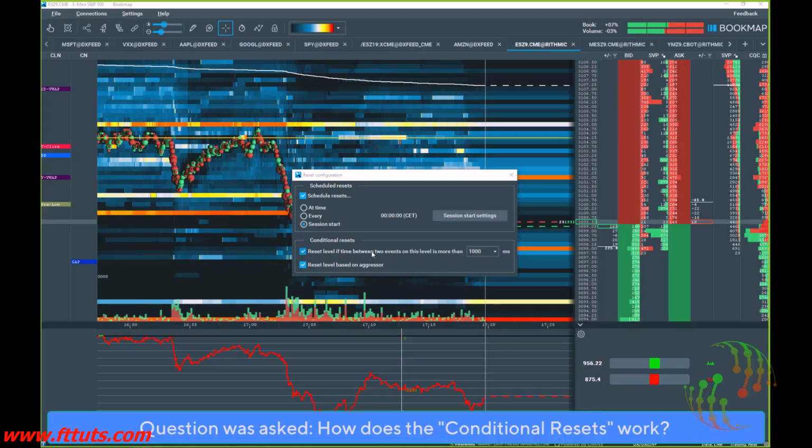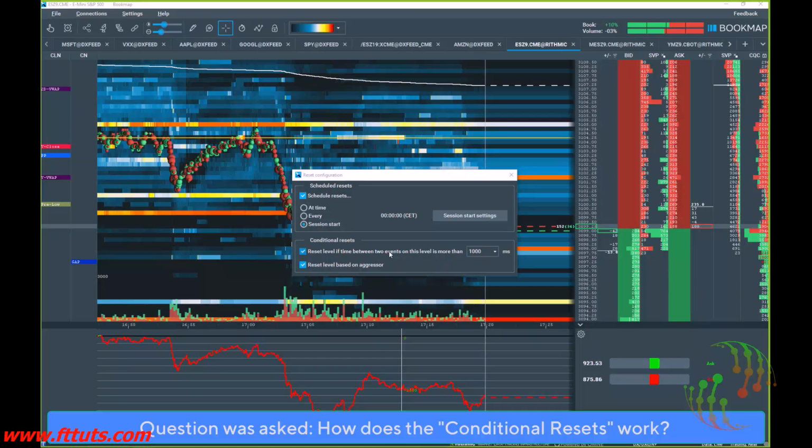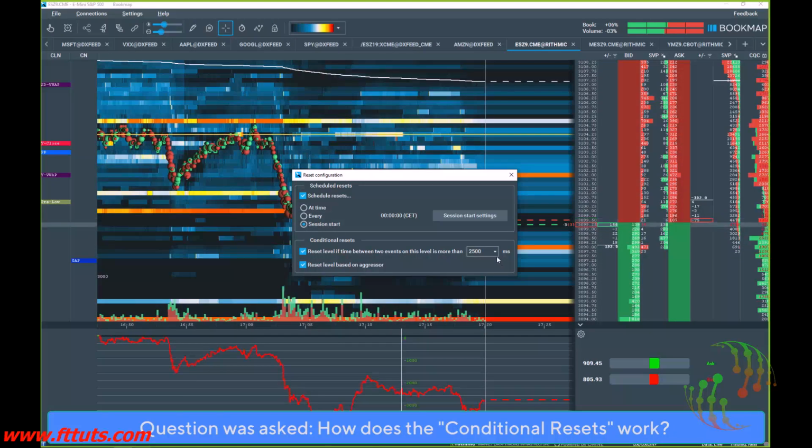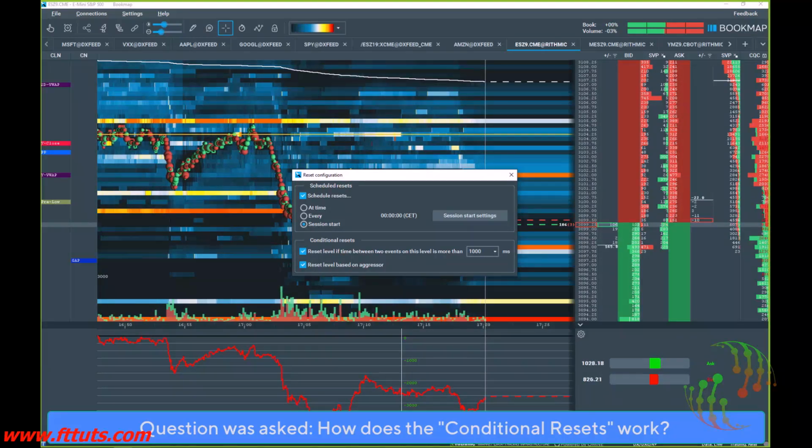The second condition is reset time level: if the time between two consequent events, the developer wrote, two following events on this level, is more than 1000 milliseconds.